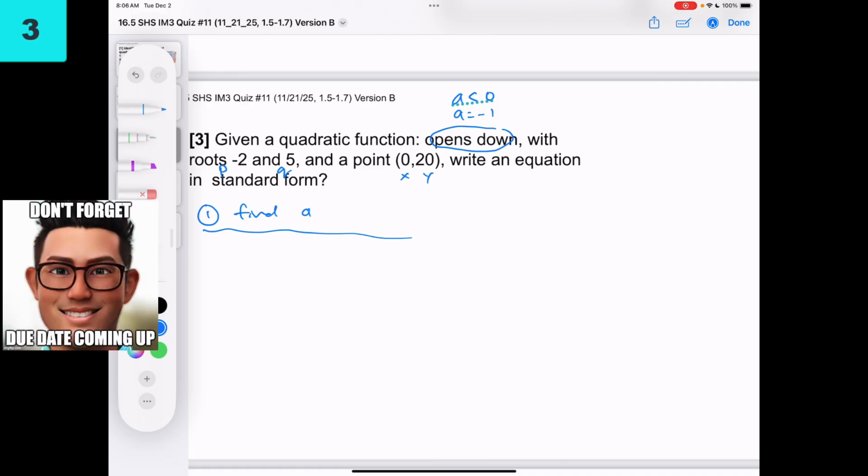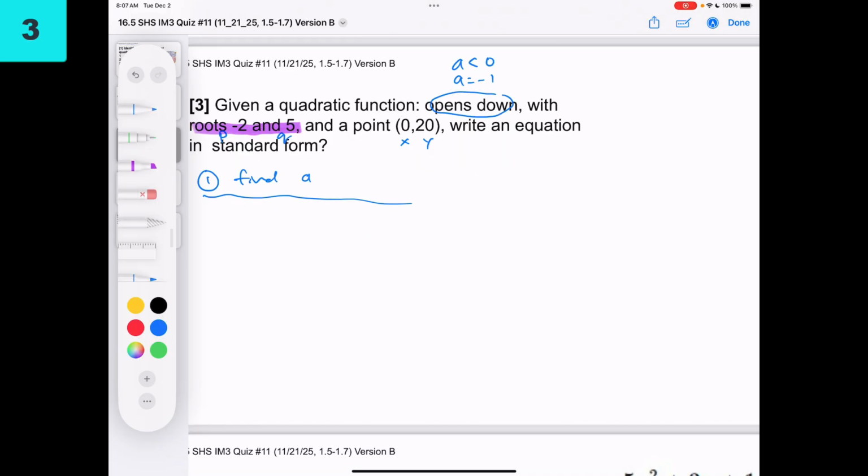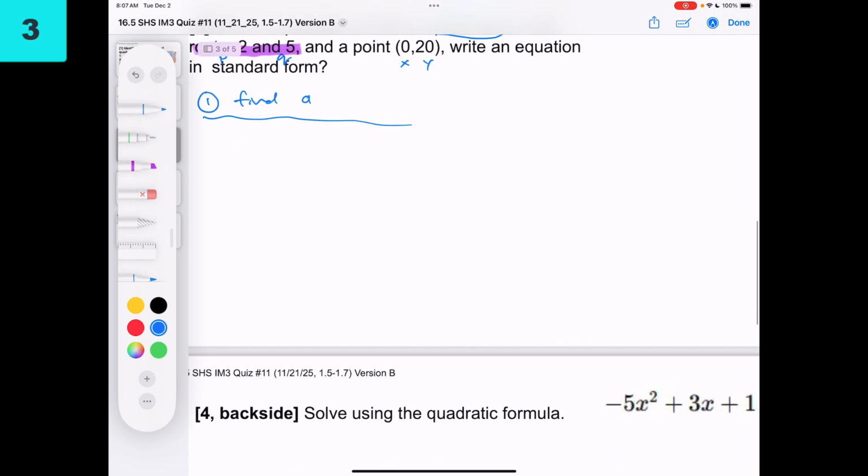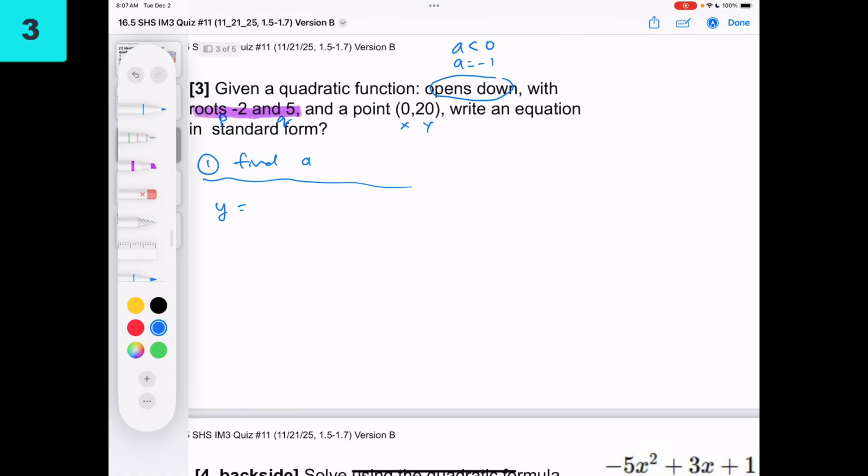And if I have roots, okay, so I have factored form. I'm just going to substitute in all the things that we already have. So X is 0.